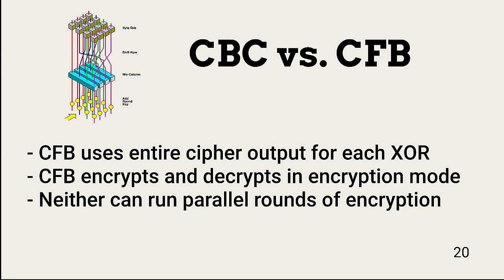Another advantage of CFB is its ability to encrypt and decrypt in the same mode, encryption mode, while CBC must use both an encrypt and a decrypt mode. This can make CFB easier to implement. Finally, neither the CBC nor the CFB can encrypt over parallel processors. This is an advantage of the next mode, counter mode.